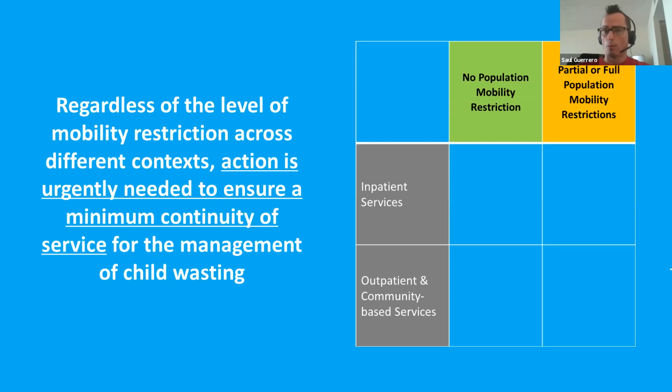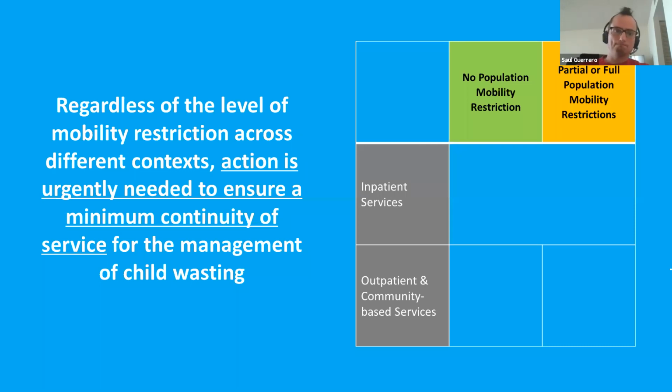One where there was no population mobility restriction, where communities were still able to move relatively freely, and then a scenario where there was partial or full population mobility restriction. However, as we did that, it became apparent that regardless of the population mobility restrictions, when it came to inpatient services, some of the recommendations had to be one and the same. So what I'm about to present to you is those three blue boxes and the content that we had.